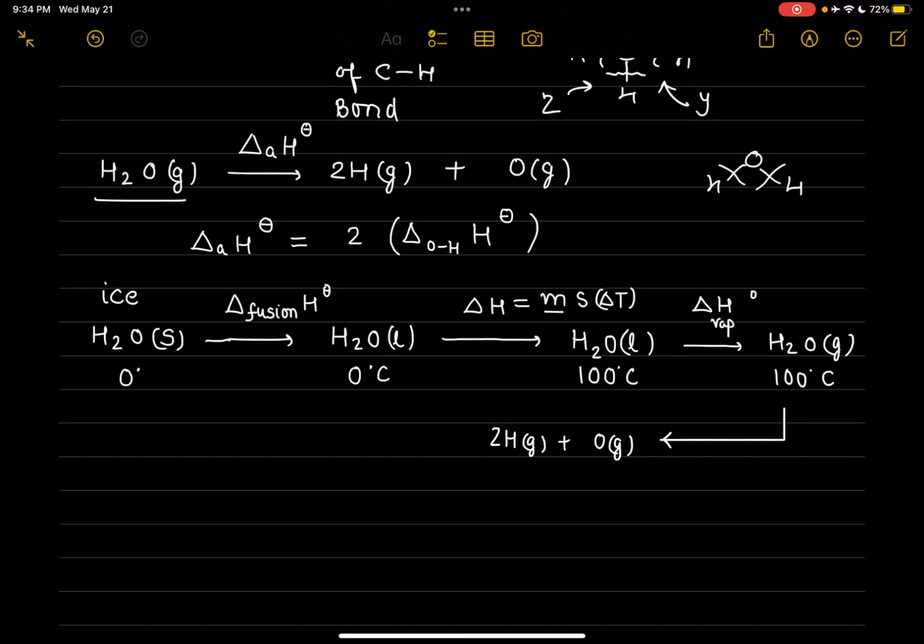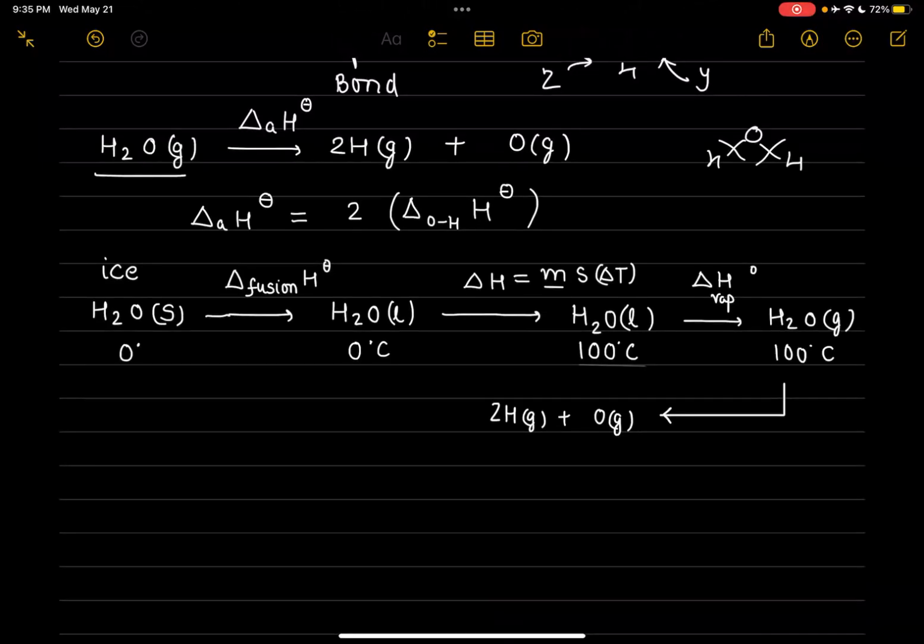If I talk about the enthalpy of sublimation of ice, basically it is the direct conversion of solid to gas. Is it clear?